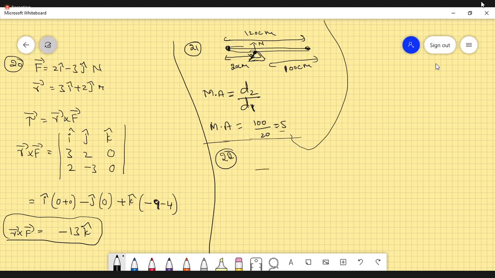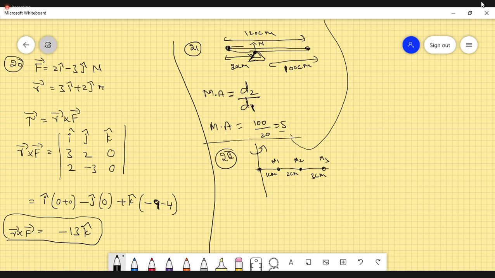So suppose this is the axis of rotation, and three objects are at 1 centimeter distance, 2 centimeter distance, 3 centimeter distance. So here M1, M2, M3, 1 centimeter, 2 centimeter, 3 centimeter. Okay.